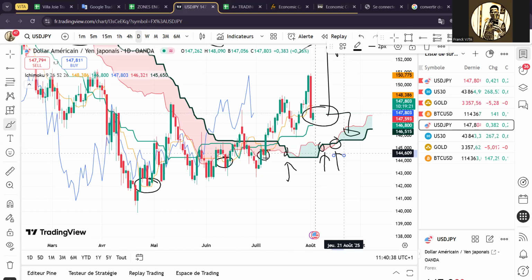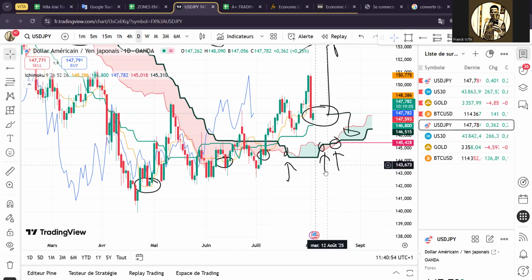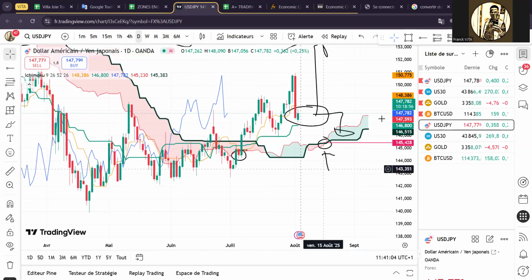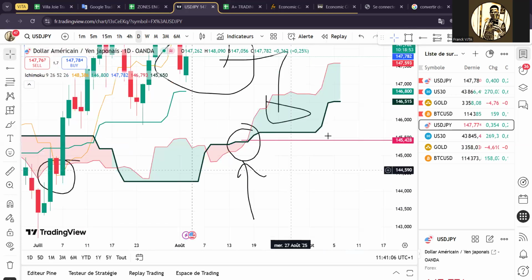So I can just take the most recent twist and the most recent Tenkan mountain and make my two lines based on them. I will not take the previous twists. I will just take the most recent Tenkan. That's how I select it.